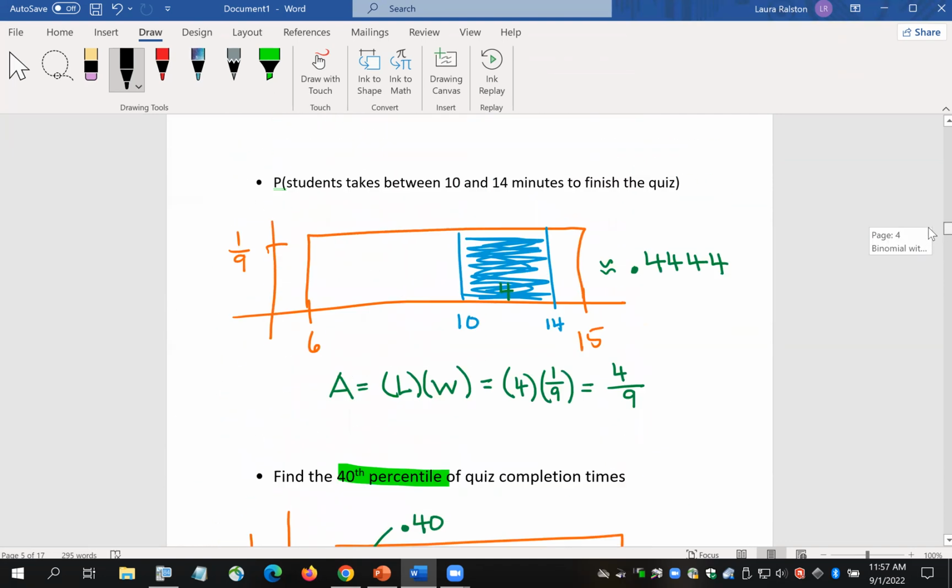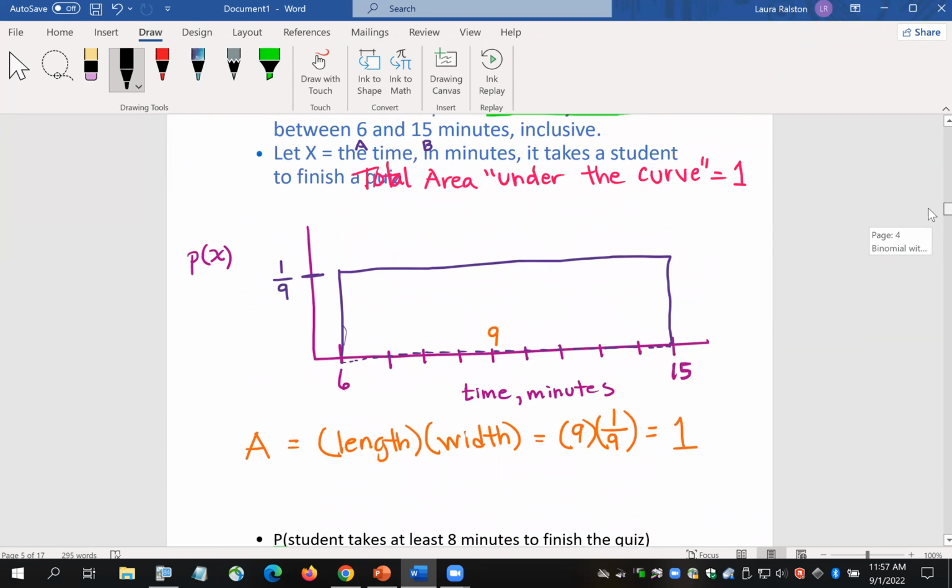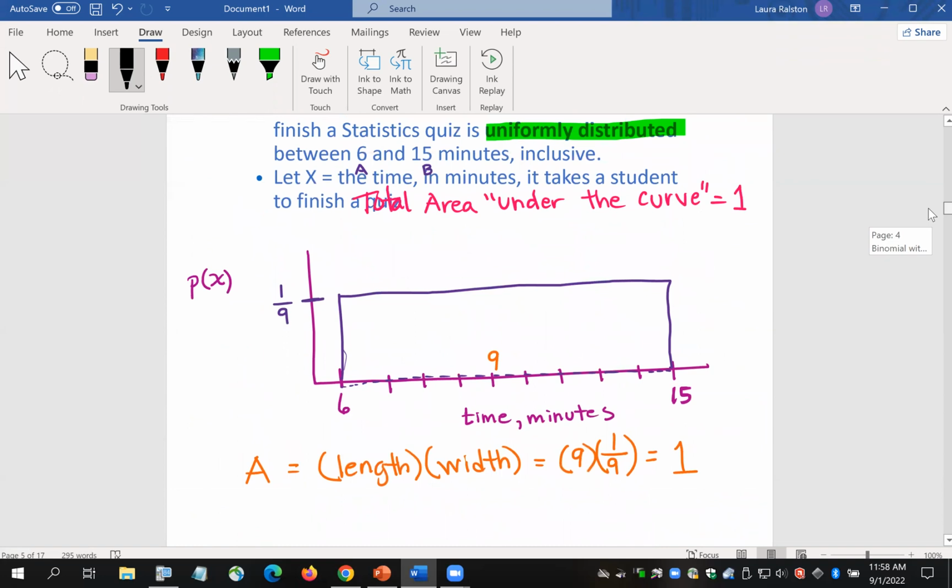Okay, let me scroll back up here to the very first one so we can talk about how to calculate the mean of this distribution and also the standard deviation. So I have the same scenario. It takes between 6 and 15 minutes inclusive to take the test, and we want to know the average, or the mean. Okay, it's a formula, guys. The mean is A plus B divided by 2.